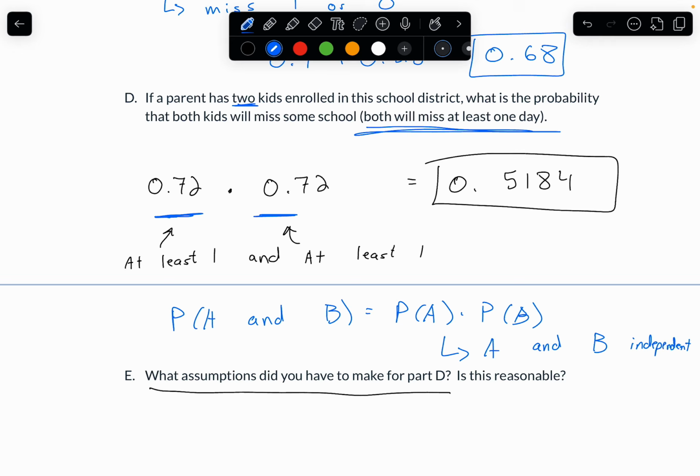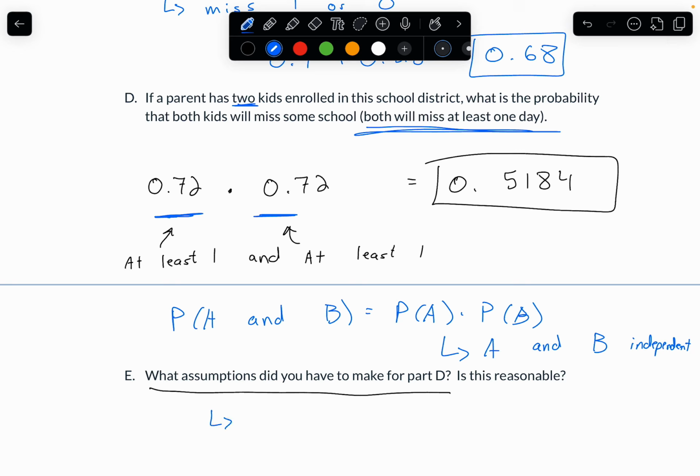So what I need to ask myself is, if we have 2 kids, are the events of them missing school going to be independent of each other? So imagine this. I've got a 3rd grader and a 5th grader, and if one of those kids is sick, does that mean that the other is more or less likely to get sick? Most likely, because they're living in the same home. They're going to be in close contact with each other.